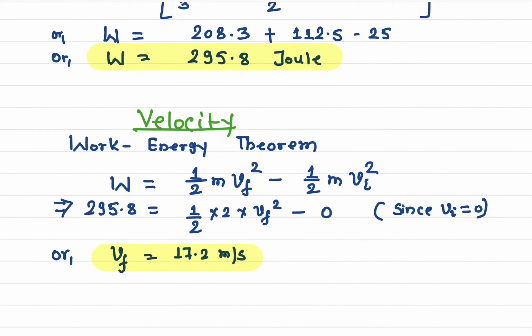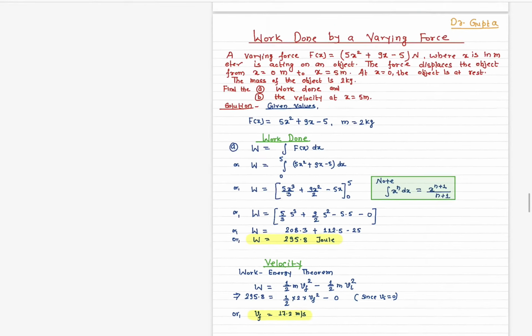The object is starting from rest, so its initial velocity, or initial speed, will be 0. And the work done, we already calculated, which is 295.8. Now let's plug in the other values. The mass is given, which is 2 kilogram.